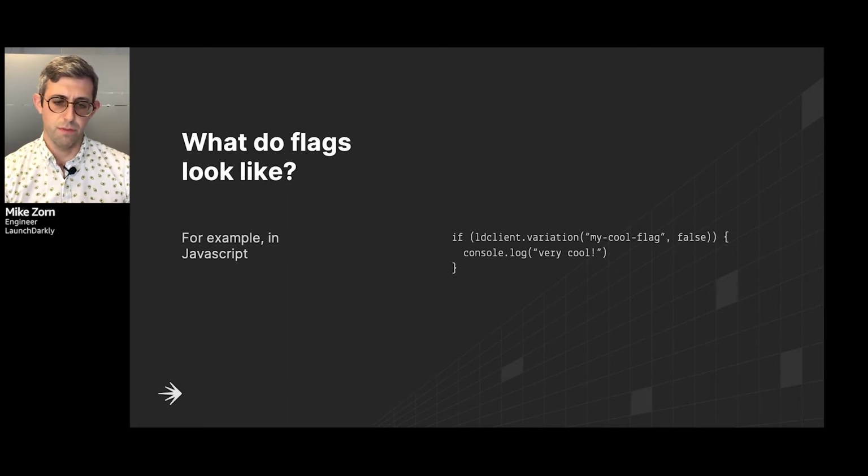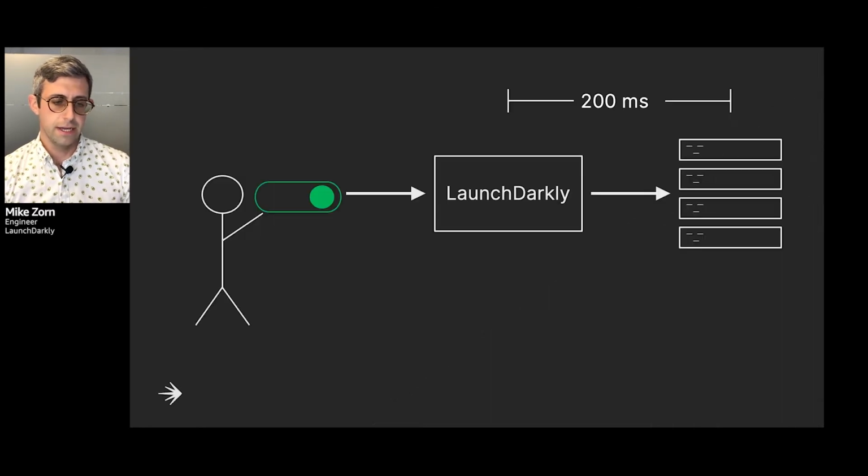And what's more than just changing the runtime behavior, with a tool like LaunchDarkly, you can change the runtime behavior with very low latency. So when you change a flag in LaunchDarkly, that value is going to propagate to your application in sub-second latency.